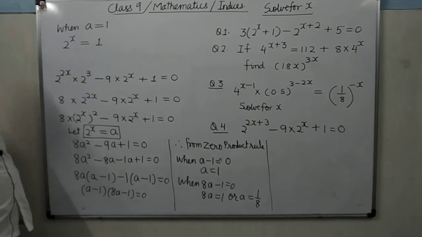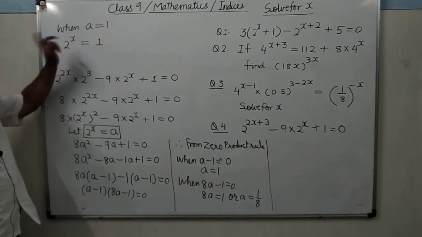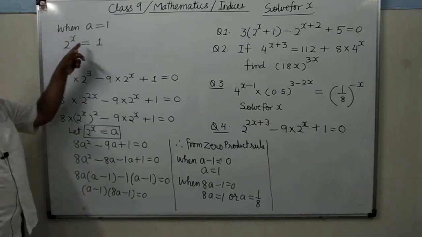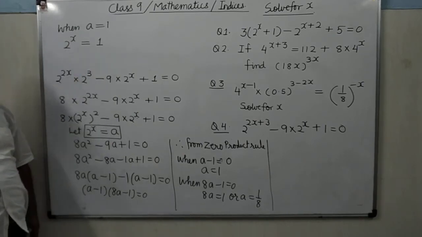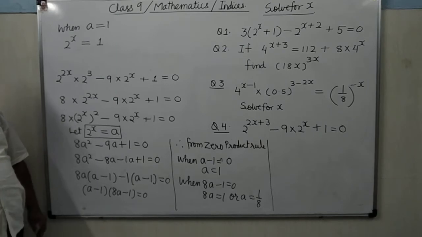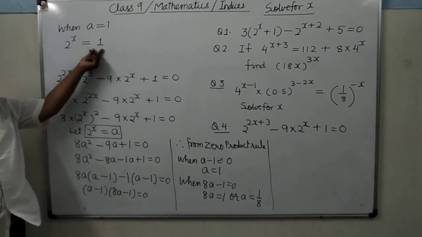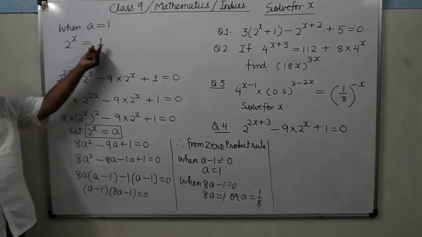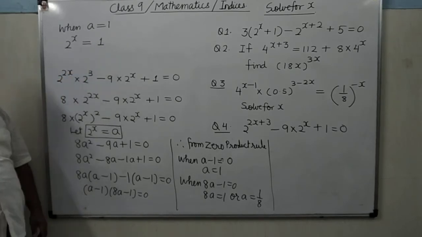It's clear? Why will you keep the base equal to 2? Because you have to find the power. Here x is in the power, so you will keep the base 2 on the right hand side. So you write such an exponential term with base 2 so that its value is equal to 1.